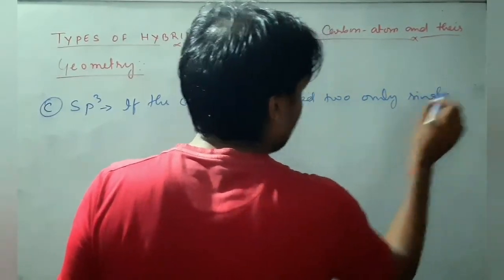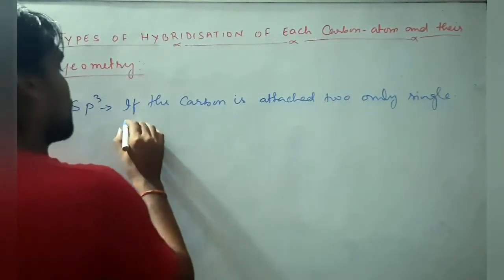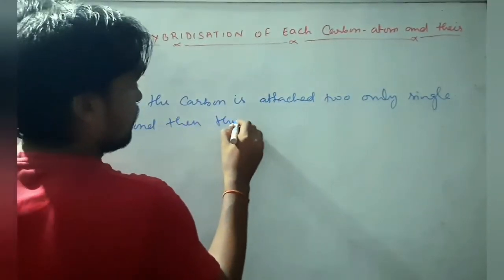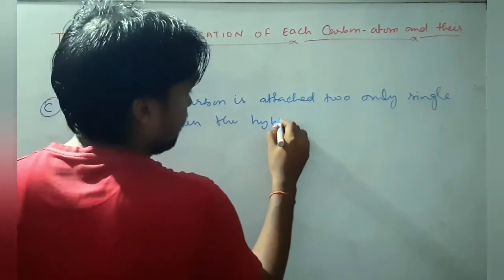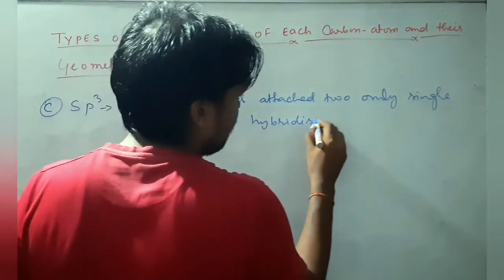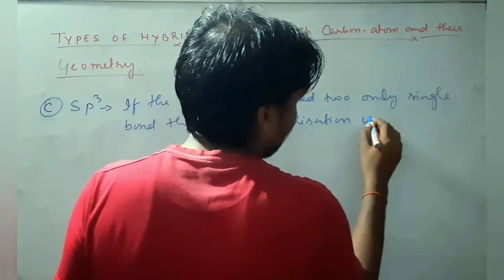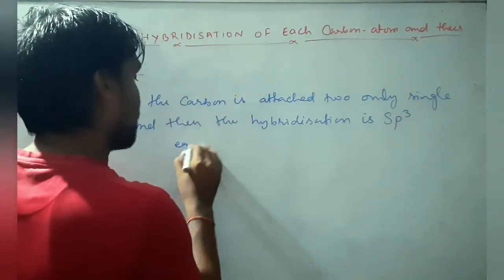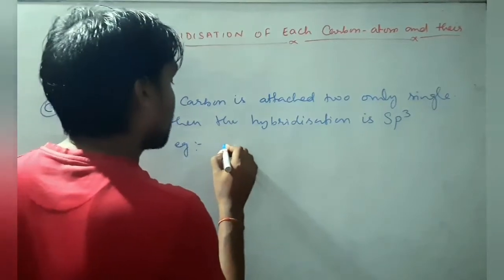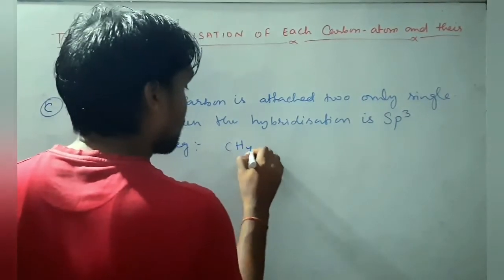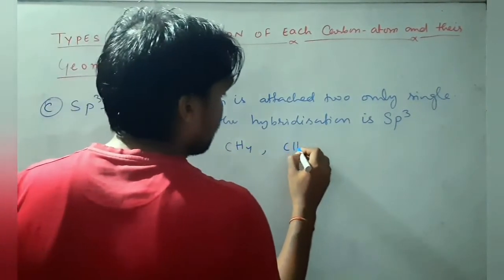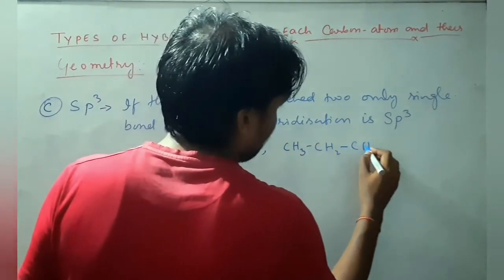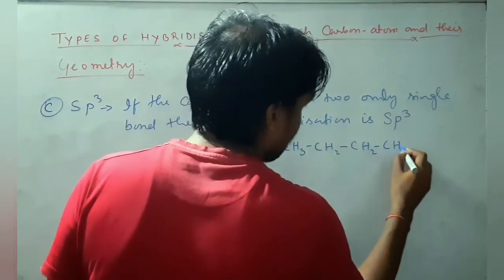If a carbon atom is attached to only single bonds, then the hybridization is sp3. Example, you can see examples like CH4, or you can take CH3, CH2, CH2, CH3.